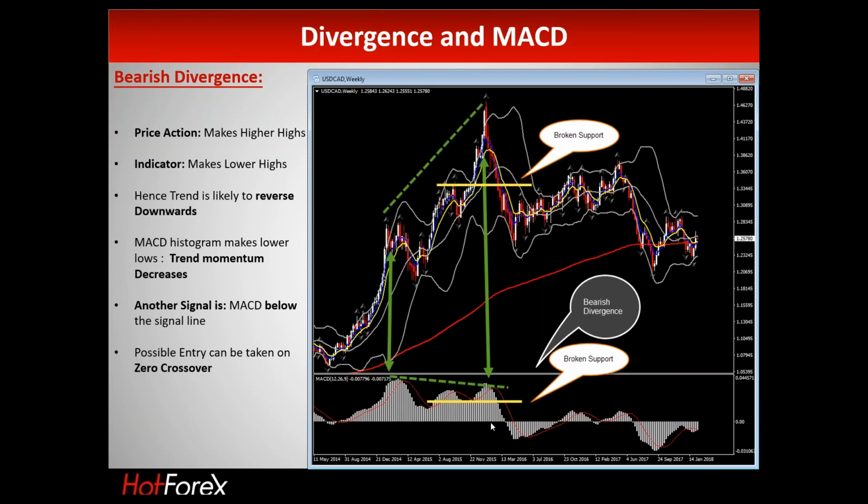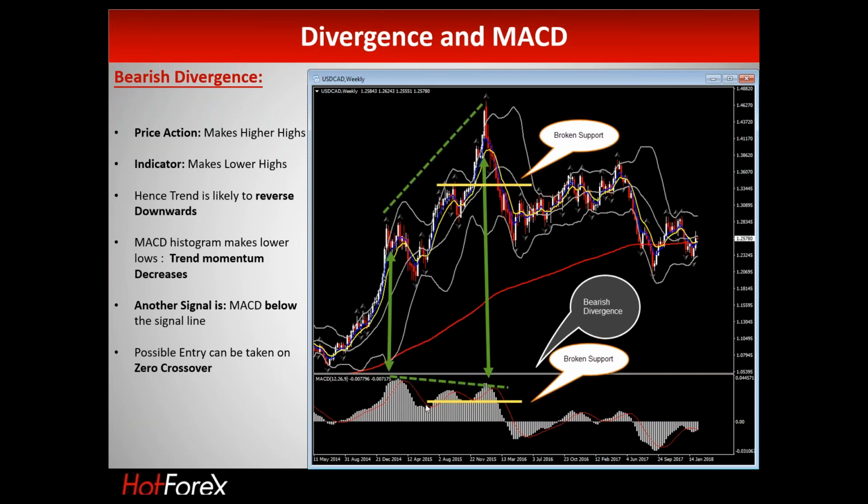So that's a possible entry point. However, if you're waiting for that crossing, you might miss the opportunity. Another good entry is this area that I have marked with a yellow line over here. If you see the break of your immediate support level, that's a signal to enter the market short.